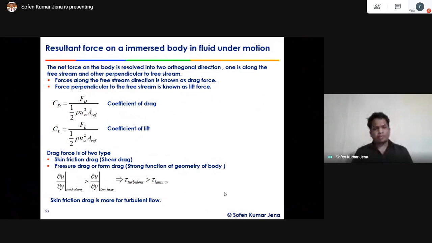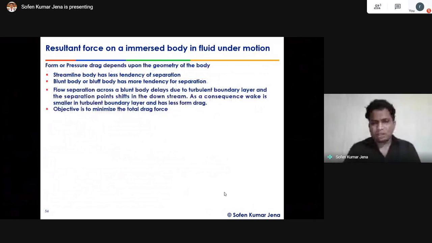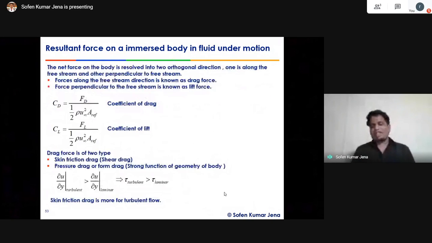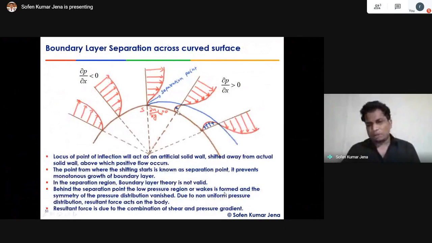But there is another interesting thing. For turbulent flow, the shear drag is more, and the drag tries to quickly reduce the inertia, right?